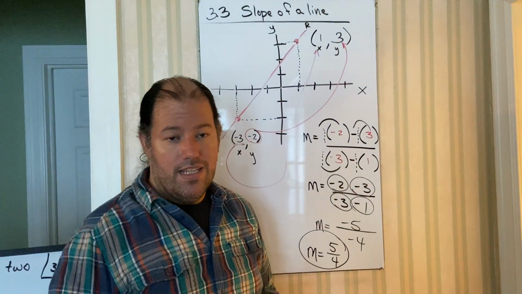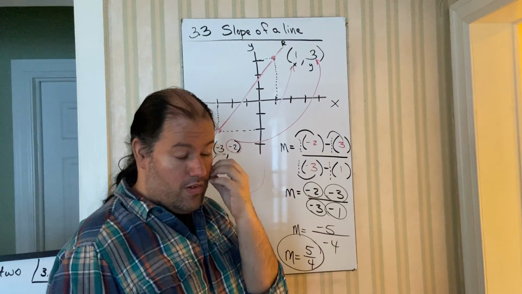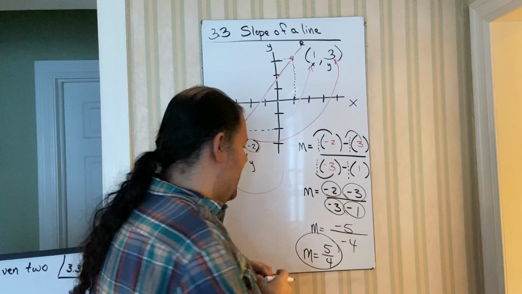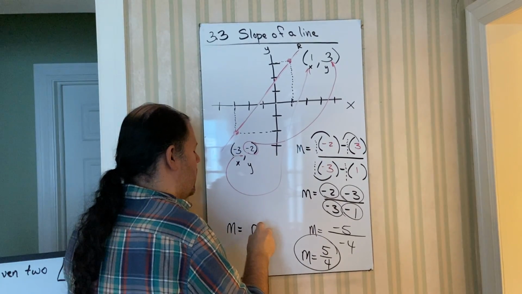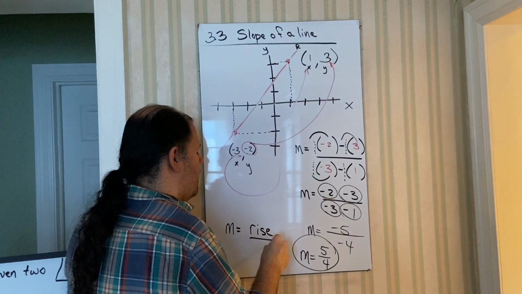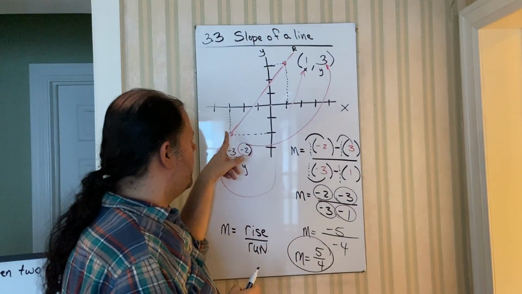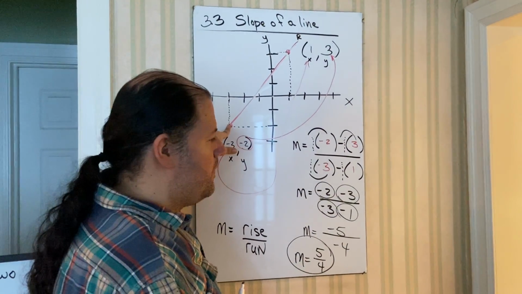Now, some people do remember your rise over run, and that's another way of doing this when you have a visual. So start from the bottom and then rise. Now this is where you have to be careful.